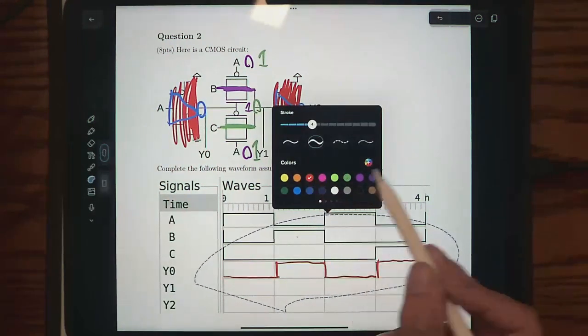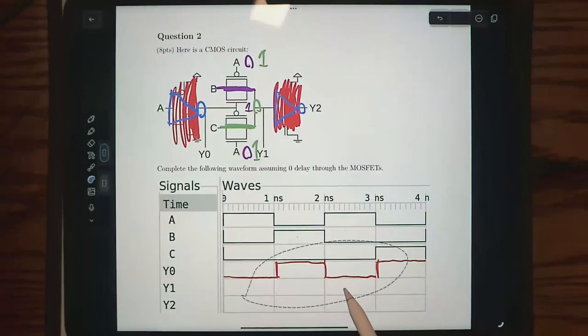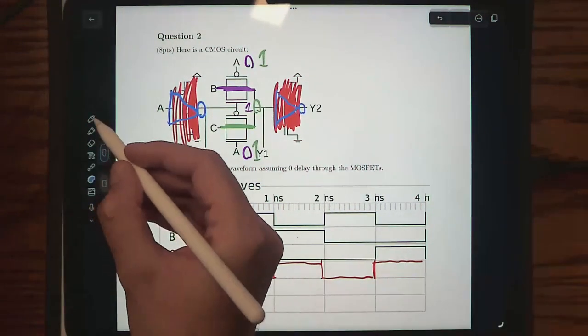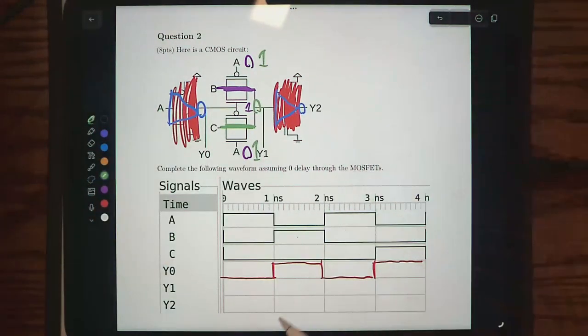Red, okay. So if A is 1, then what will the value of Y1 be?